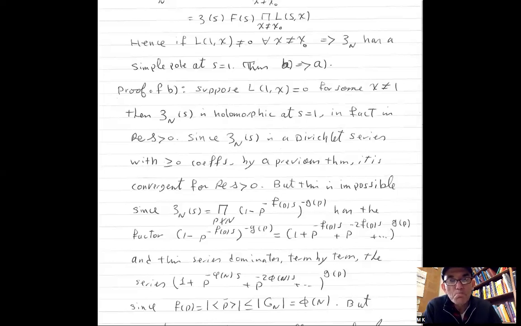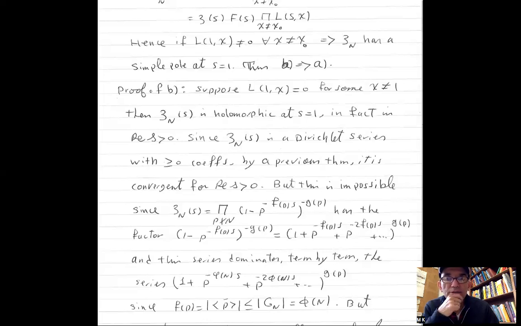Now, what does this show? If L of 1 and chi is equal to 0 for some non-trivial character, then that zero is going to cancel the pole of zeta at s equal to 1.